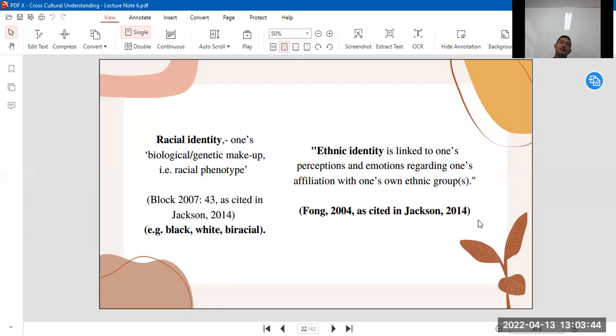This is a link to one's perceptions and emotions. When we develop this ethnic identity, we feel linked with the affiliations with one's own ethnic groups.